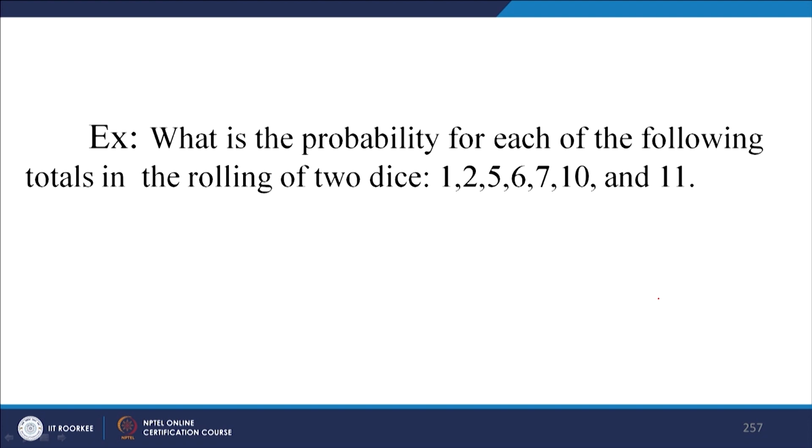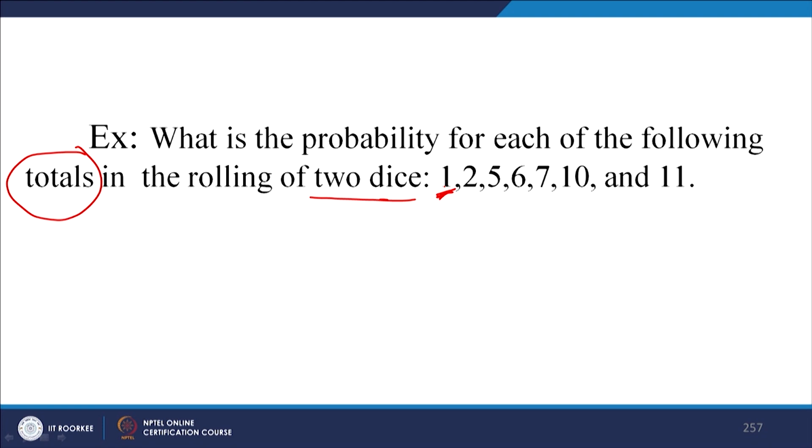Now, what is the probability for each of the following totals in the rolling of two dice? So, again you are rolling two dice simultaneously. Now, what is the possibility that the sum of the dots appearing on those two dice is 1? Is it possible to have sum of dots on those two dice equal to 1?